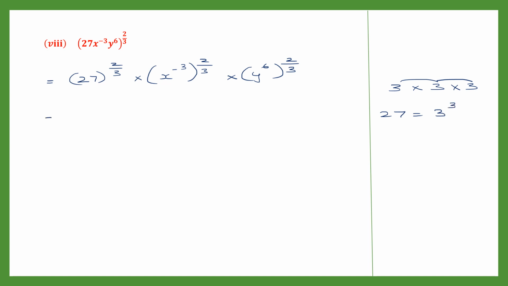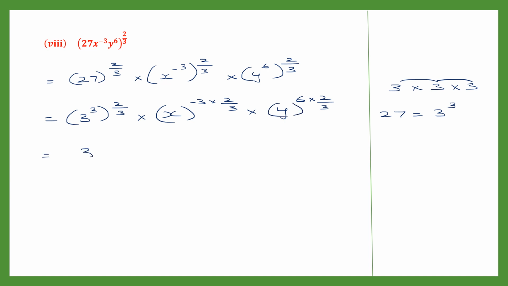So that's what we're going to write here. So this is 3 raised to the power of 3 into raised to the power of 2 by 3 into, now here we have x to the power of minus 3 into 2 by 3. Similarly, here we have y raised to the power of 6 into 2 by 3. So let's get it all in this format now.